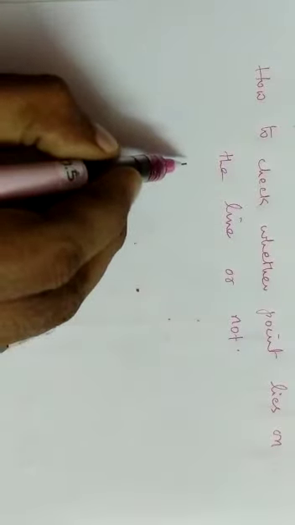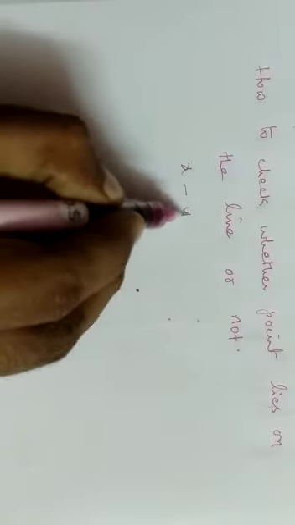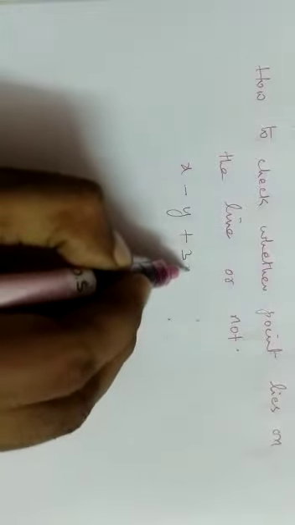A line is given like this: x minus y plus 3 equal to 0.